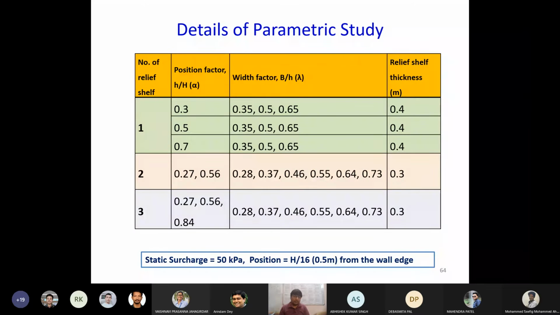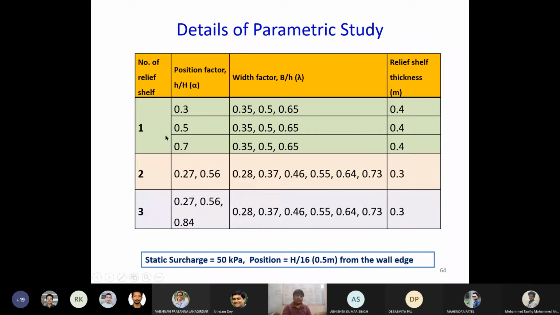So for the static surcharge, I did a parameter study on an 8-meter high wall. I considered three configurations where the position of the relief shelf has been changed, as well as the width of the relief shelf, and the number of relief shelves has also been changed.